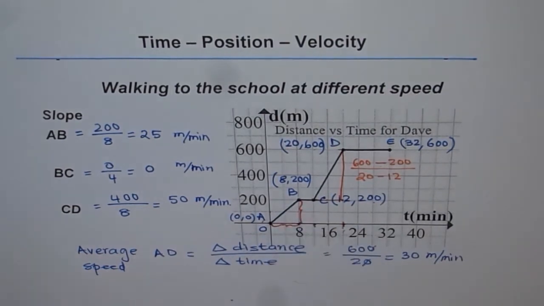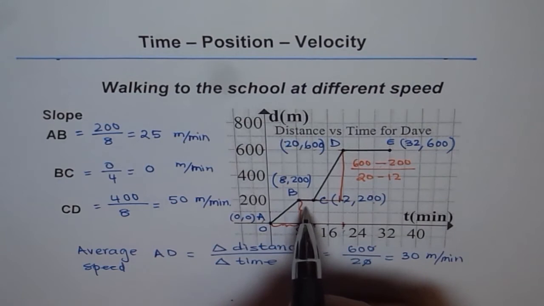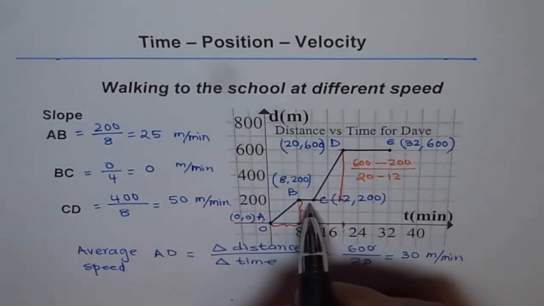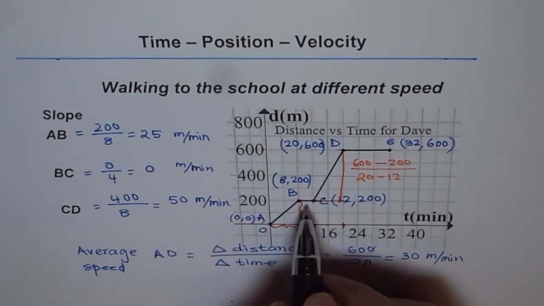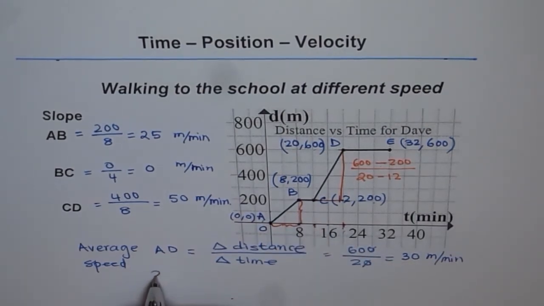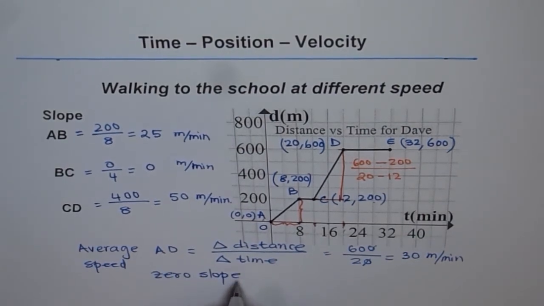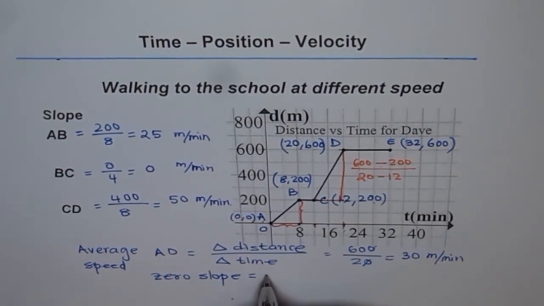For a horizontal line, what do you think is the speed? A horizontal line on a distance time graph shows 0 speed. Okay, that means the person or the thing is not moving. It is standing still. So make a note of this. That is 0 slope. 0 slope means standing still.